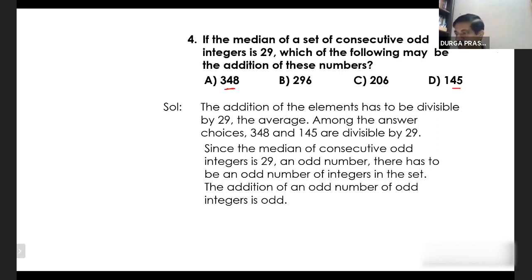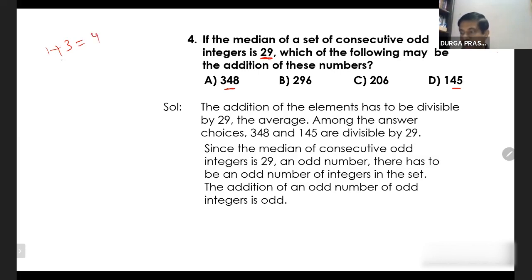The median of the consecutive odd integers is 29, which is an odd number. Because it is odd, the answer should also be odd.